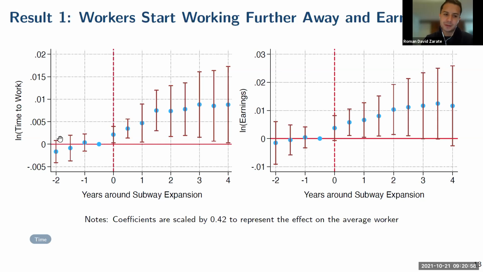And what we find here is that the time to work is increasing by 1%. So this suggests that workers are starting to work farther away from their home. Similarly, in terms of earnings, we find that the earnings of workers that receive the treatment increase by 1% relative to a control group. And we also find these parallel trends.